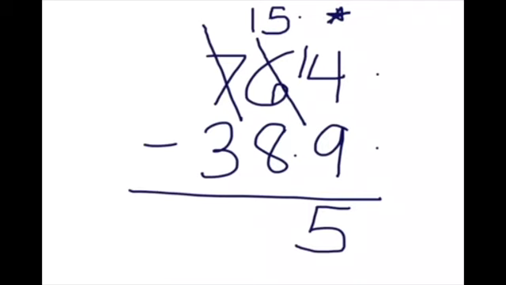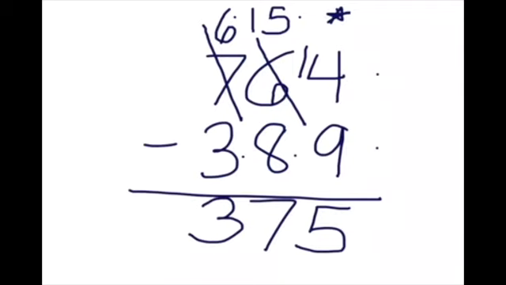Now I took 1 away from 7, so that turns into a 6. Then I have 15 minus 8, which I can do, and that is 7. Is there more on top or more on the floor? There's more on top, so there's no need to stop. I have 6 minus 3, and that is 3. So you should have gotten 375.